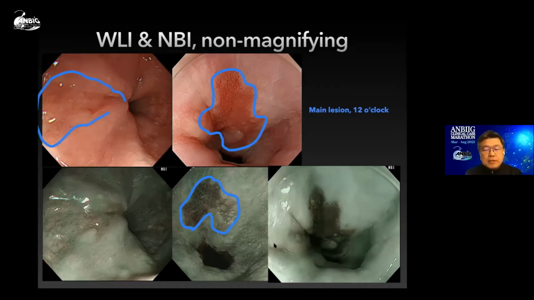But during examination, you can find at the 9 o'clock area a very faint discolored area. So conclusively, this patient has two foci of abnormal mucosal lesion.